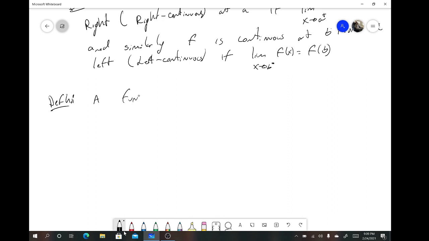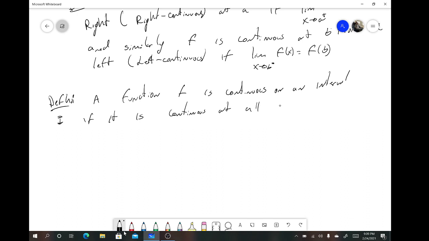So a function f is continuous on an interval I, here I stands for interval, so that's how you remember it, if it is continuous at all points of I.